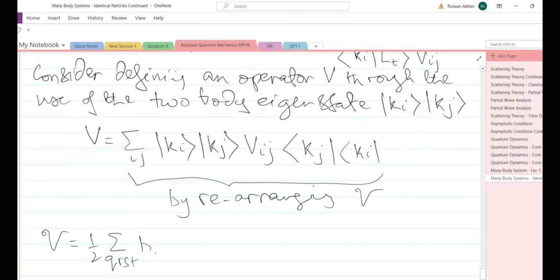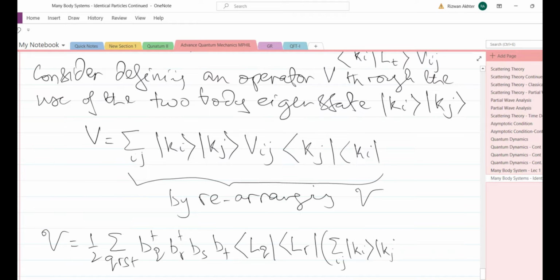Then your operators Bq dagger, Br dagger, Bs, Bt, and arrange Lq, Lr, and then the matrix element, summation over ij, Ki, Kj, Vij, Kj, Ki.